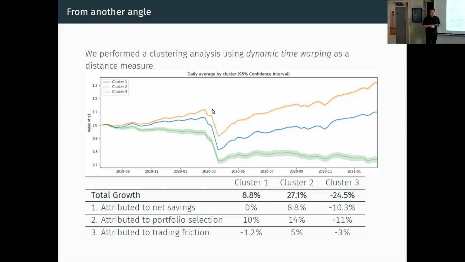For example, it is often used in speech recognition because different people may have different speeds of speech, and the information contained in this sentence is the same as the information contained in this sentence. So dynamic time warping measures the similarity but ignores the speed.